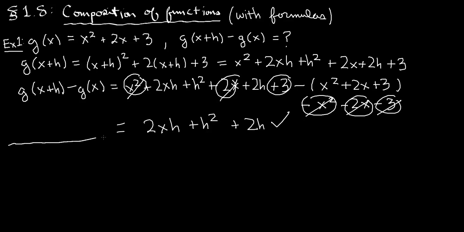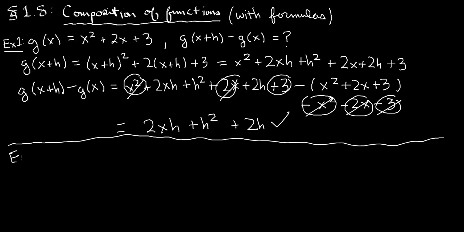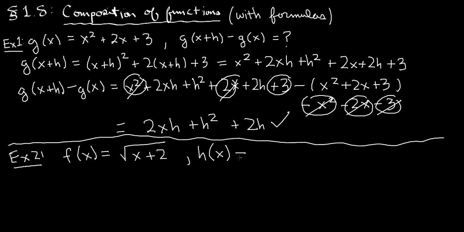Let's do another example really quick. Instead, let's be given two functions and their formulas. Let's say f of x is the square root of x plus 2. And then h of x, let's make that x squared plus 4.